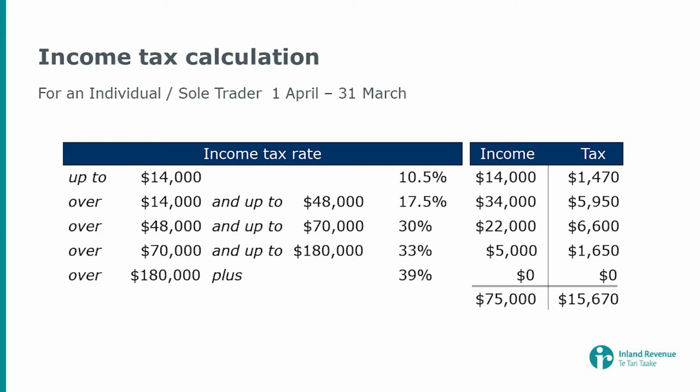The amount between $14,000 and $48,000 is taxed at 17.5%. The amount between $48,000 and $70,000 is taxed at 30%. And the amount from $70,000 to $75,000 is taxed at 33%. Based on a taxable income of $75,000, the tax component is $15,670.